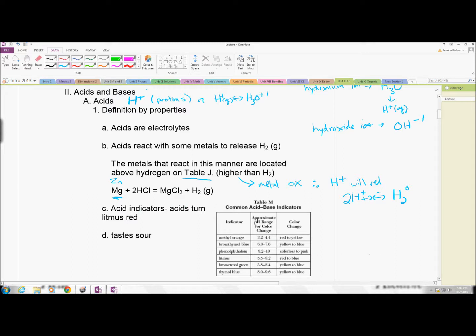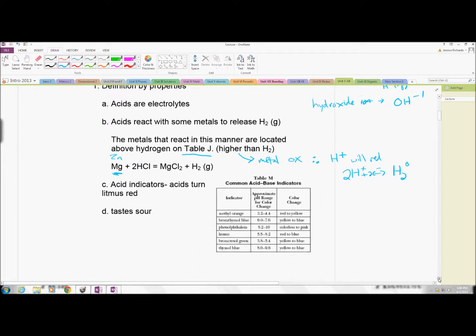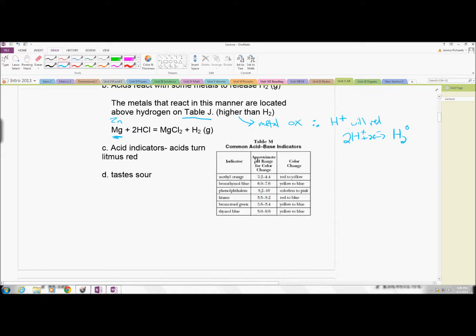There are acid-base indicators on reference table M. Really common ones that are used to tell whether you have an acid or a base will be phenolphthalein and litmus. The way this table works is that at any pH lower than the first number, it's going to be the first color.